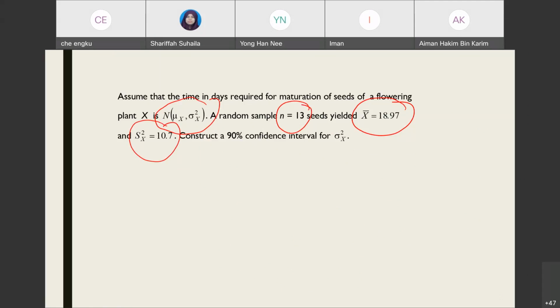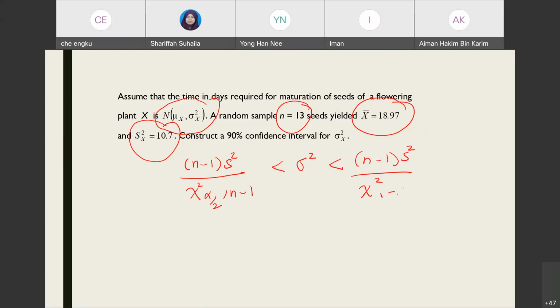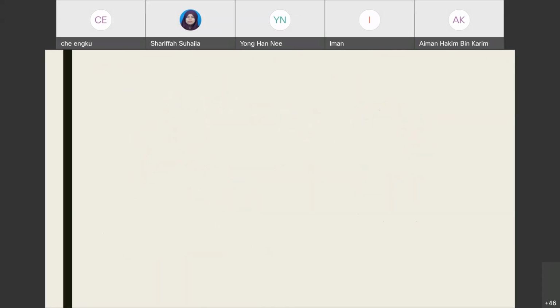We have the formula: n minus 1 S square over chi square alpha over 2, n minus 1, less than sigma square, less than n minus 1 S square over chi square 1 minus alpha over 2, n minus 1. So this is the formula. Let's go back here.